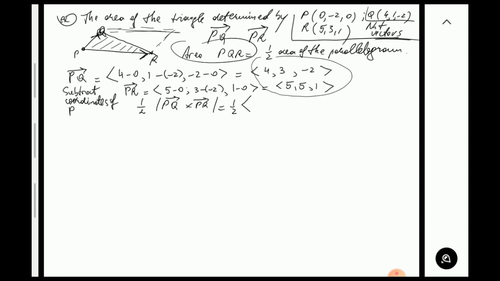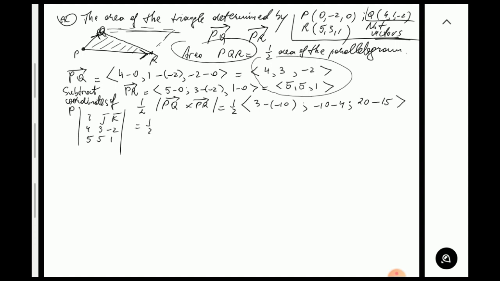Let me arrange them nicely here so you can see them in the symbolic form. So it's going to be 3 minus negative 10, then minus 10 minus 4, and then 20 minus 15.